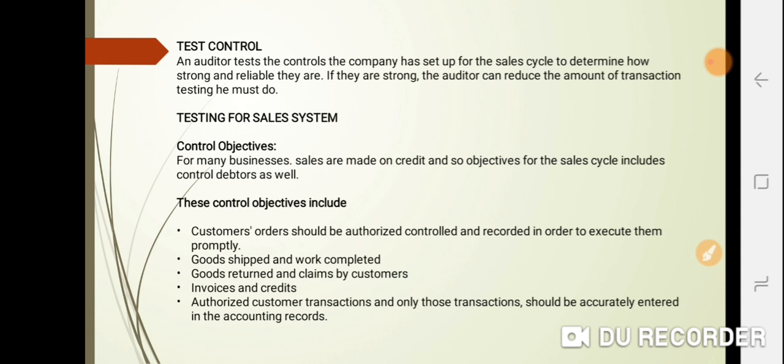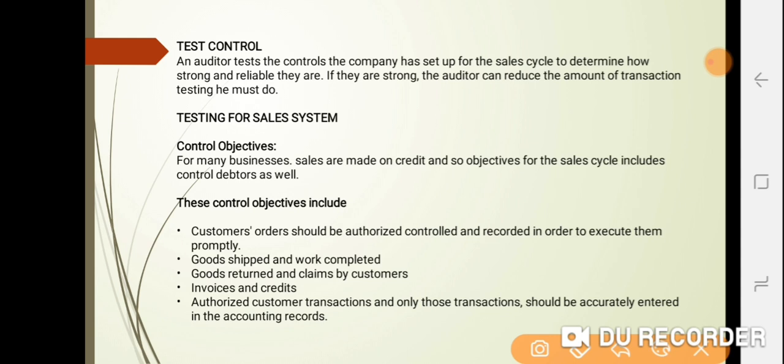The next topic is test control. So what is this test control we have to know? An auditor tests the controls the company has set up for the sales cycle to determine how strong and reliable they are. If they are strong, the auditor can reduce the amount of transaction testing he must do.